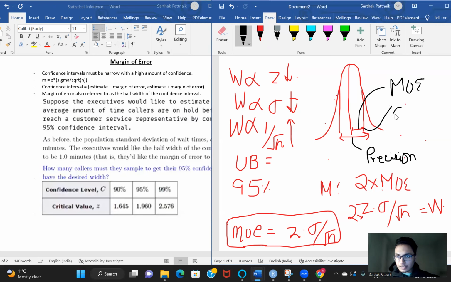This point right here is estimate plus margin of error. This point right here is estimate minus margin of error. This width right here is equal to the margin of error, and this width is equal to this width, which is why margin of error is referred to as the half width.